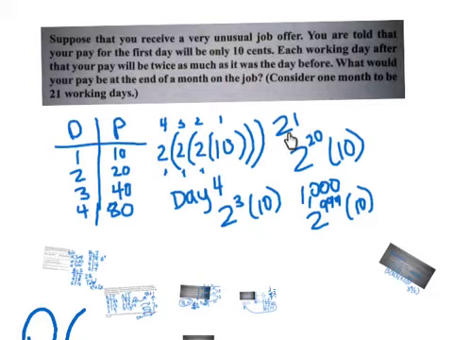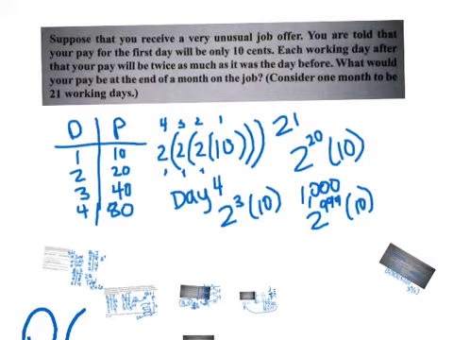If we're on day 21, we raise our 2 to the 20th power times 10. If we're on day 1000, we raise our 2 to the 999th power times 10.